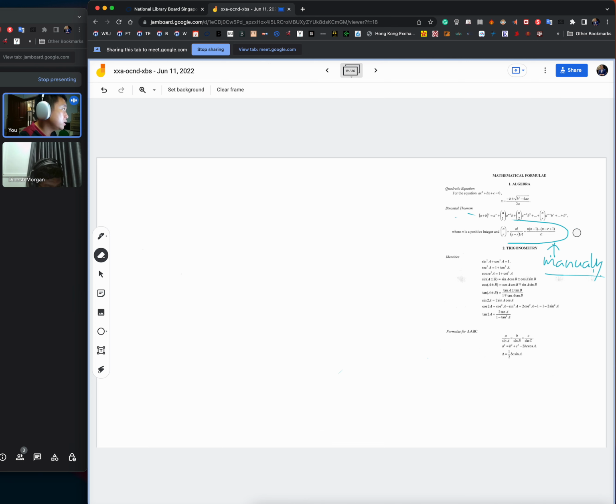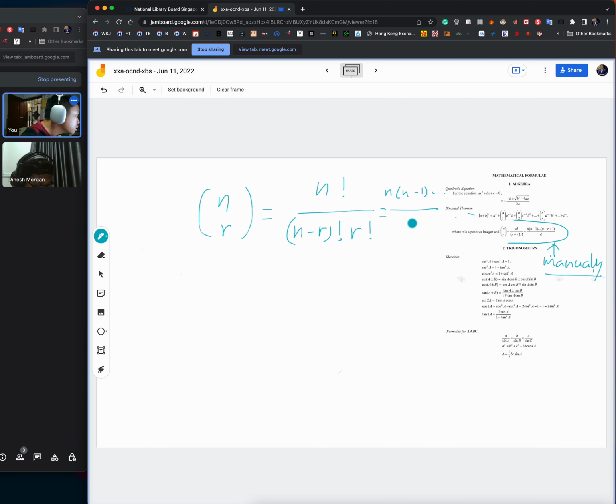So n choose r is n factorial. This exclamation mark is factorial. I'm going to show you what factorial is. If you look closer, you will get n, then n minus 1, then continue, then you get this. What?